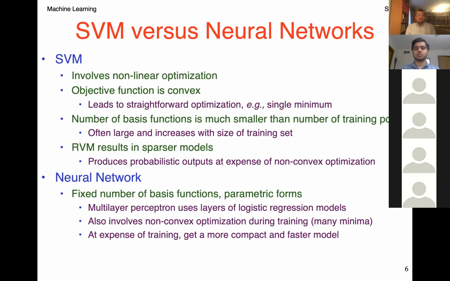With neural networks, there is a fixed number of basis functions, parametric forms, parametric in the sense there's a whole bunch of values. And then the multi-layer perceptron uses layers of logistic regression models. That's what it is. Logistic regression, which we emphasize so much, is the basic building block, if you will.